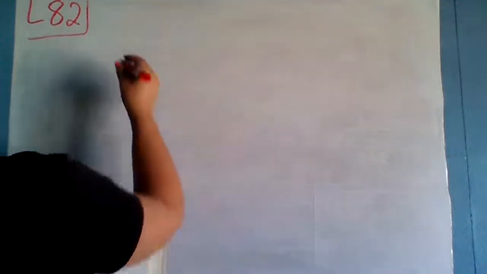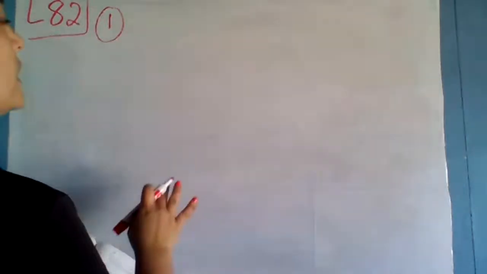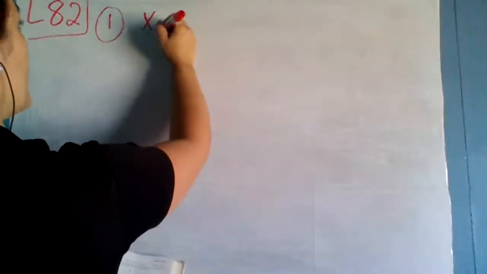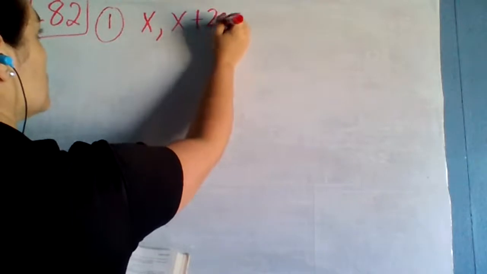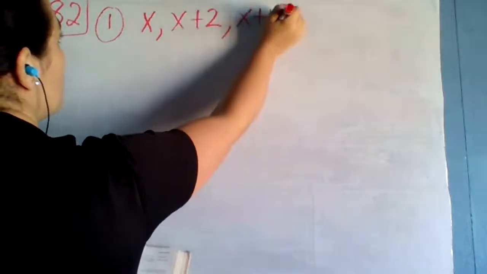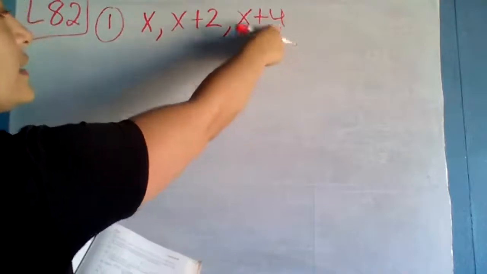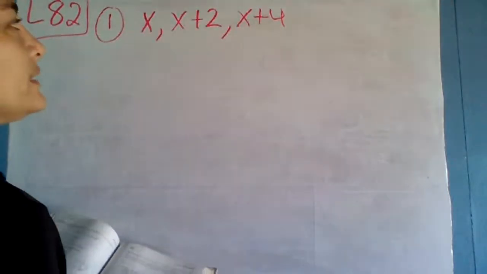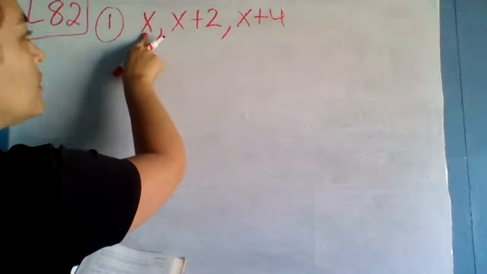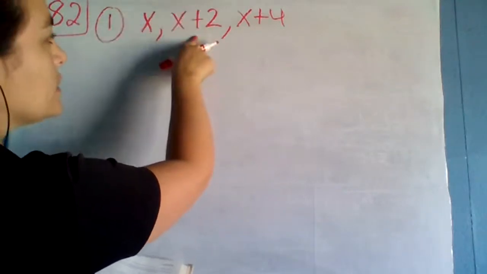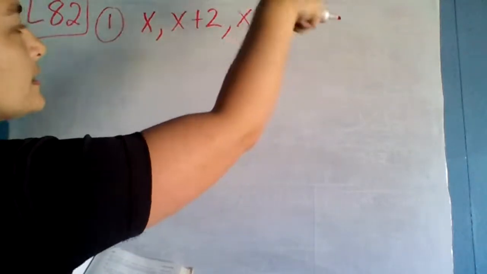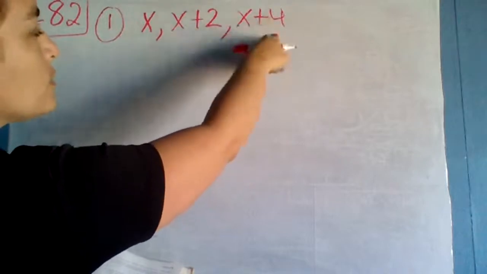And I'm just going to do it again because I need to remind you that whenever it says odd integers, we still have to think about x, x plus 2, and x plus 4. I know these are not odd, but that doesn't have anything to do with odd or even. The point is that if this is an odd number, the next integer that is odd is 2 spaces after that. And that's why we put plus 2, plus 4.